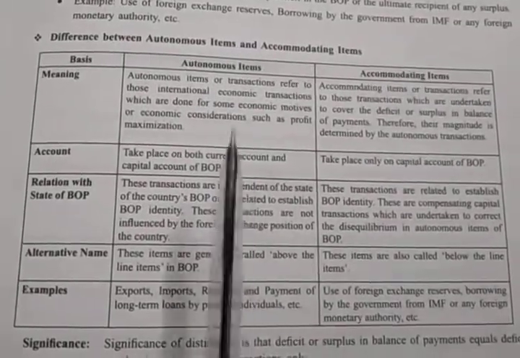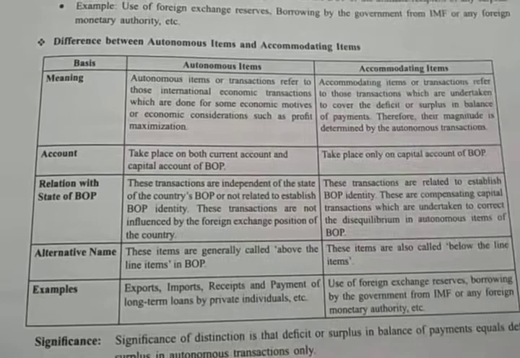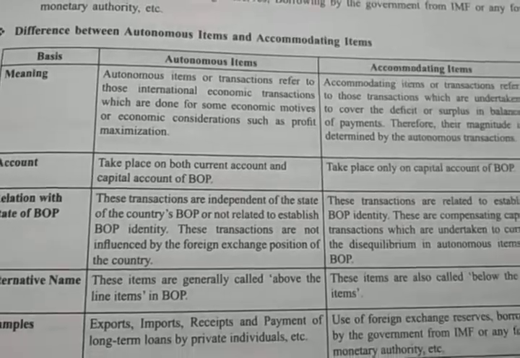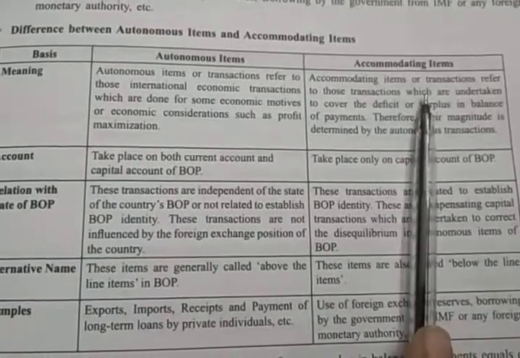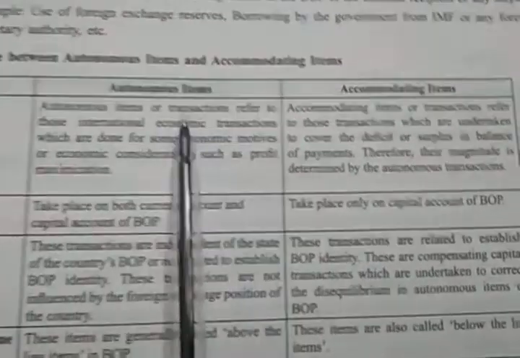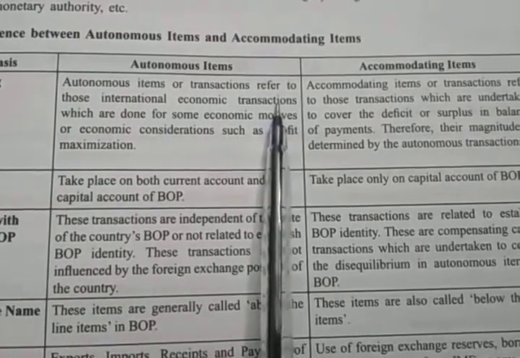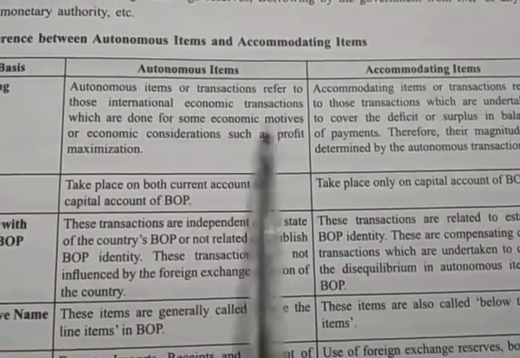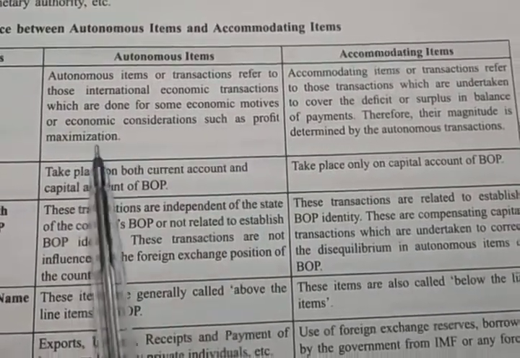Now the last topic of this chapter is the difference between autonomous items and accommodating items. First of all, we will understand the meaning of autonomous items and accommodating items. Autonomous items, or transactions, refer to those international economic transactions which are done for some economic motives or considerations such as profit maximization.